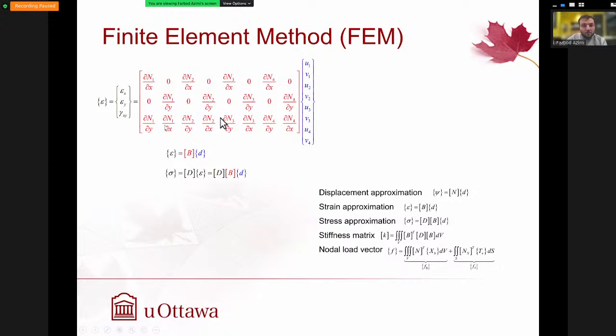In the next step, we obtain the strains using the derivatives of those shape functions in matrix form multiplied by the degrees of freedom. You can reach the strains, and then use the strain-stress relationships to find the stresses. And here is the stiffness matrix and other nodal load vectors and the others.